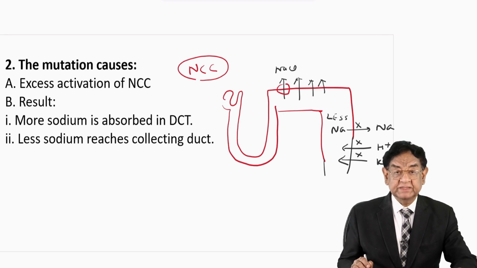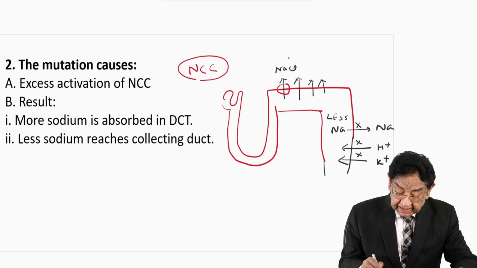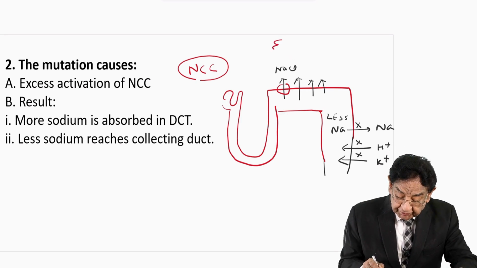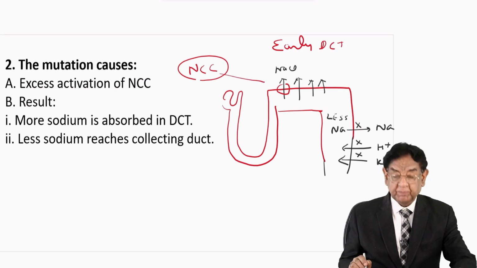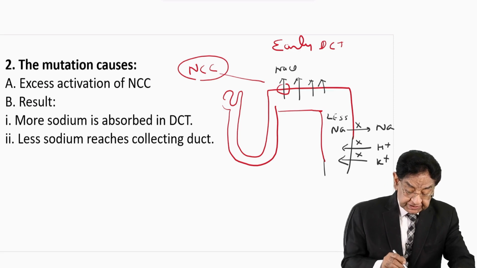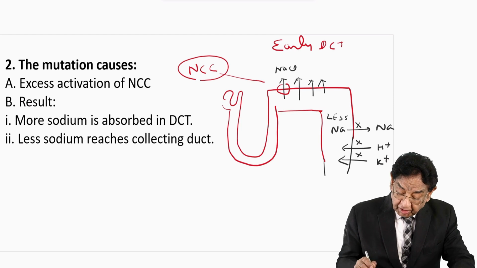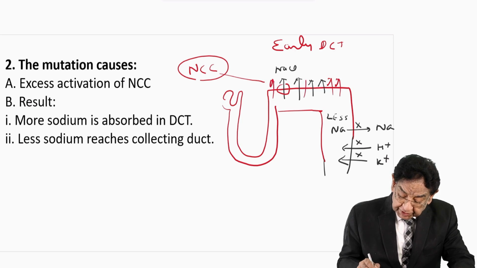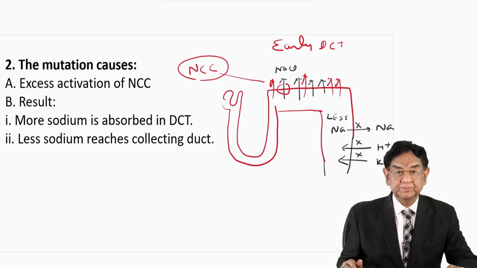The point I discussed in the very early slides, that this is the early part of DCT, and sodium chloride is absorbed by NCC. Now, if mutation occurs in these genes, WNK, then a large amount of sodium chloride is reabsorbed. Excess NaCl is getting reabsorbed.